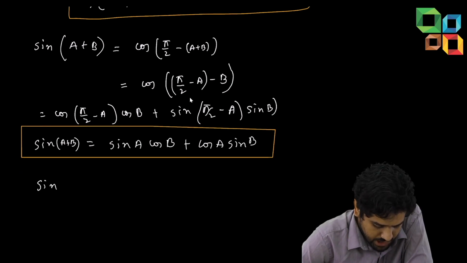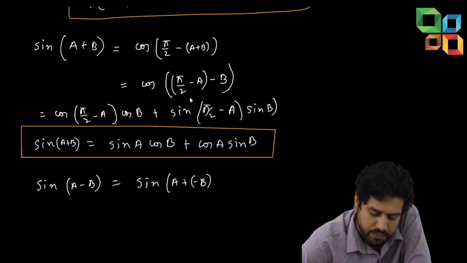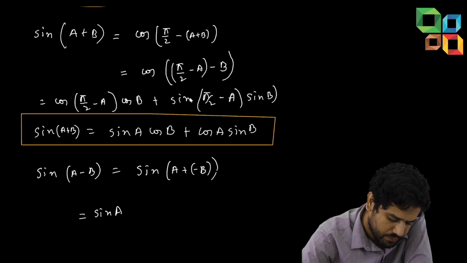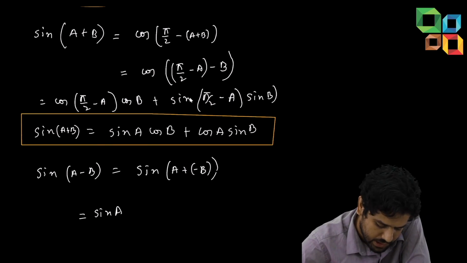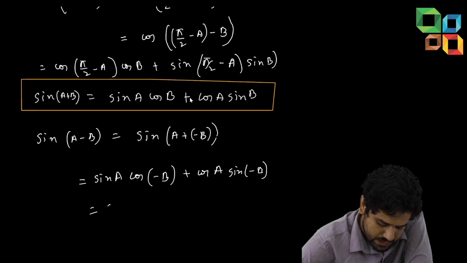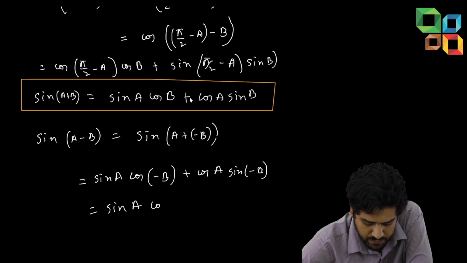Moving ahead to sine of A minus B. How can we write sine of A minus B? We can write it as sine of A plus minus B, right? And using this formula, we can write it as sine A cos of minus B plus cos A sine of minus B, which is sine A cos B, since cos of minus B is the same as cos B, right?